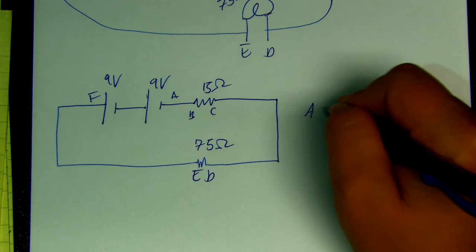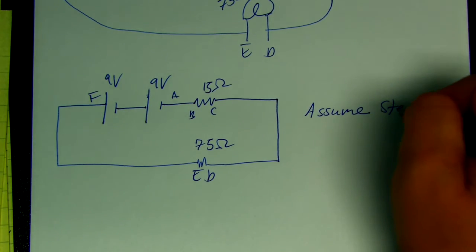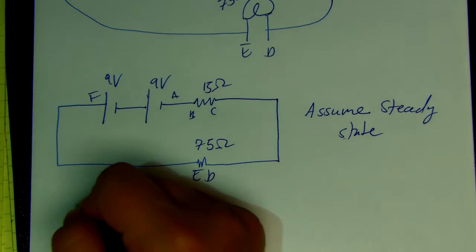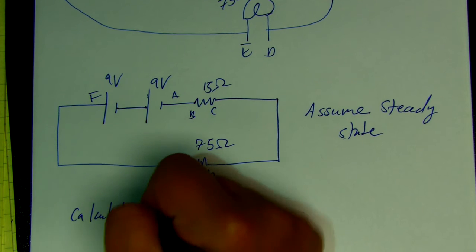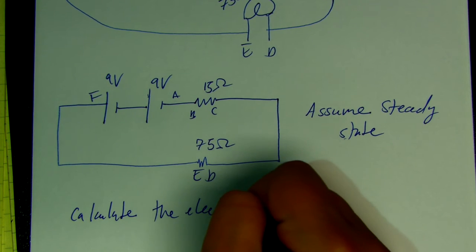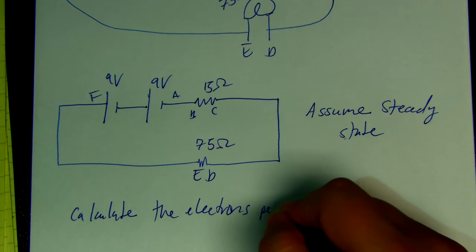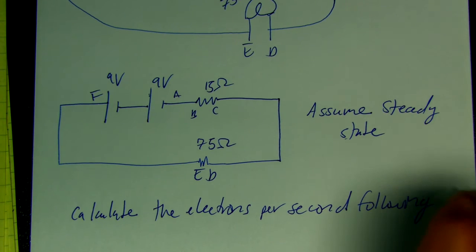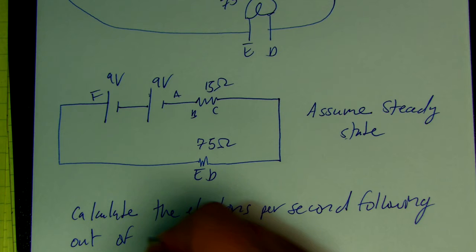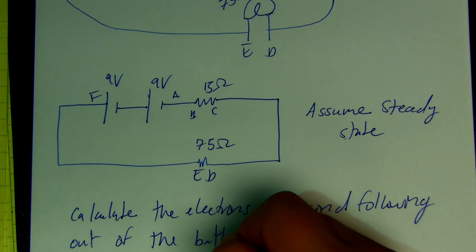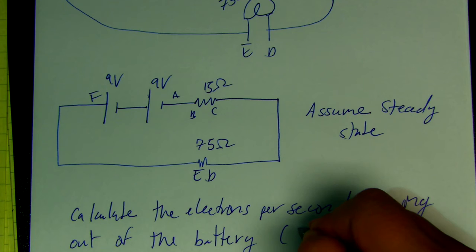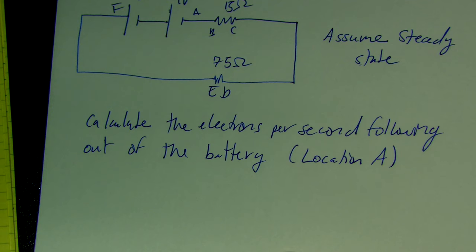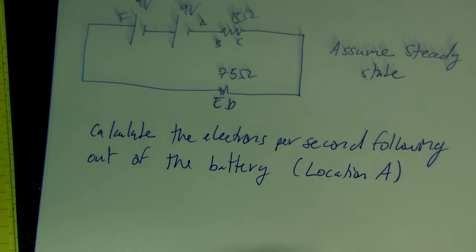So we're going to assume steady state. And what we want to do is calculate the electrons per second flowing out of the battery. So that would be location A. So to do this, we're going to need the loop rule.